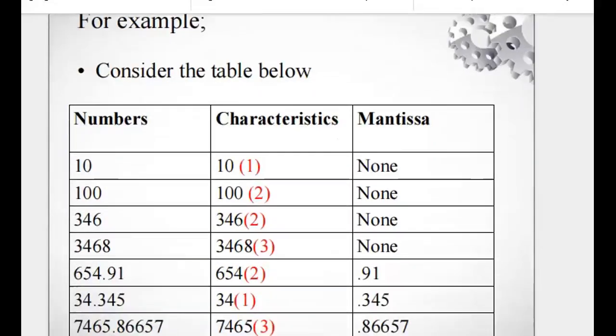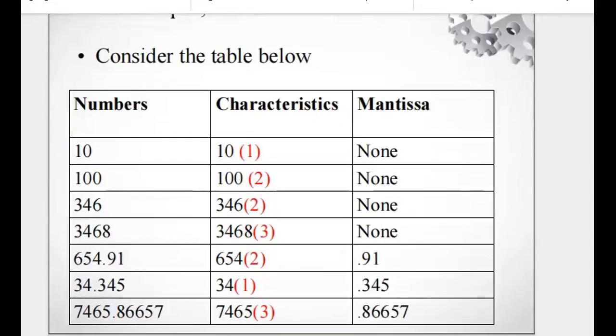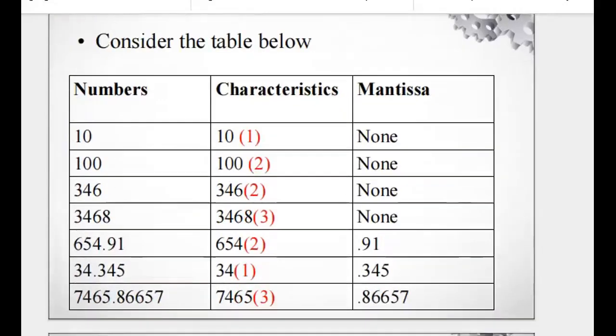Now, for example, let's consider the table below. We have some numbers here. We have 10, we have 100, we have 346, 654.91, and so on, up to the last number here, 7465.86657.